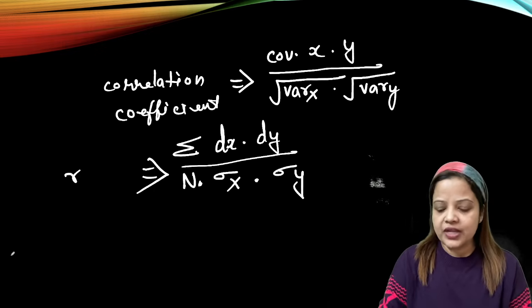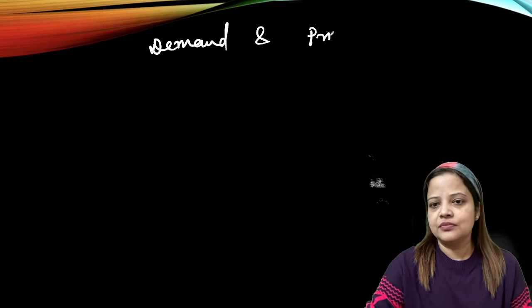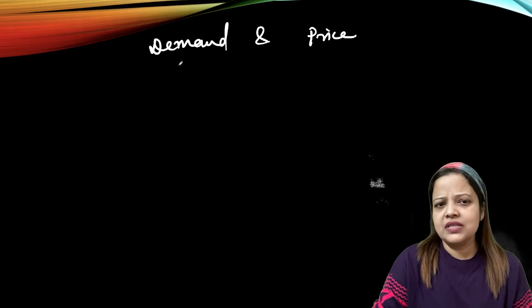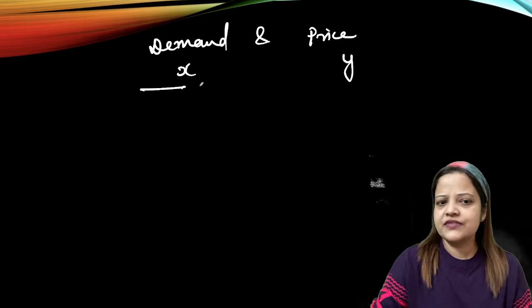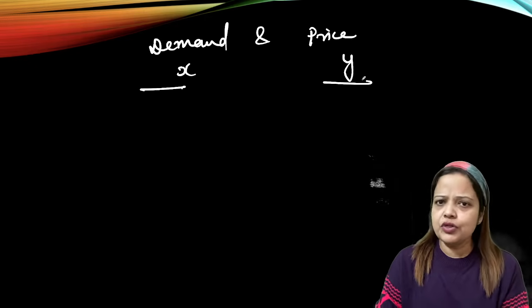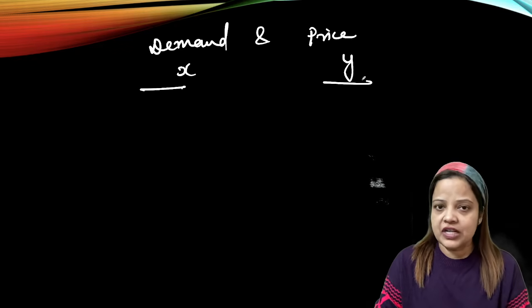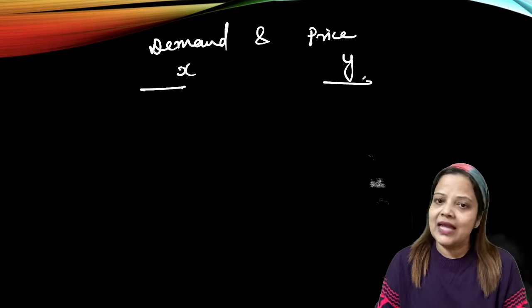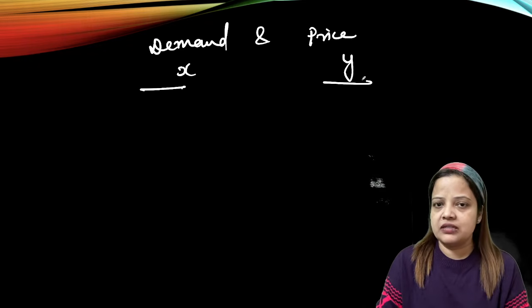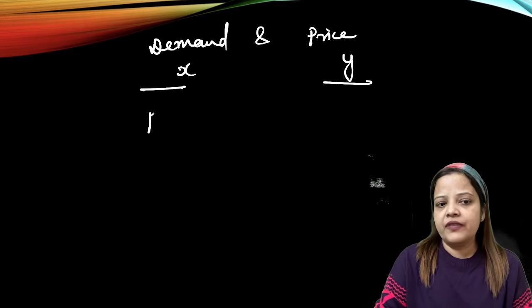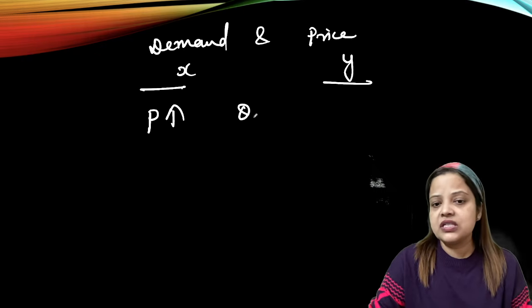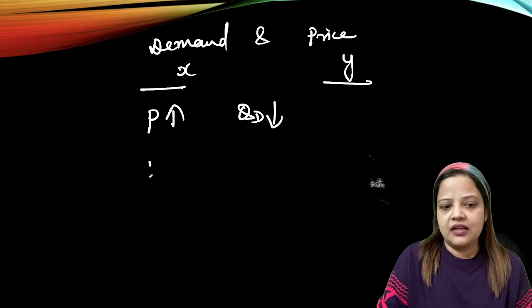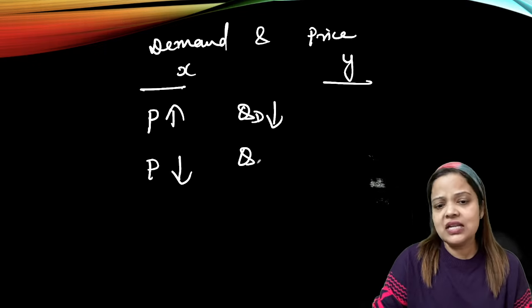For example, if we take the data of demand and price, we can assume this is the x variable and this is the y variable. We want to know whether they are correlated or not. With the help of the correlation coefficient, we come to the conclusion that yes, they are negatively correlated. Why? Because when price increases, quantity demanded decreases, and if the price decreases, quantity demanded increases.